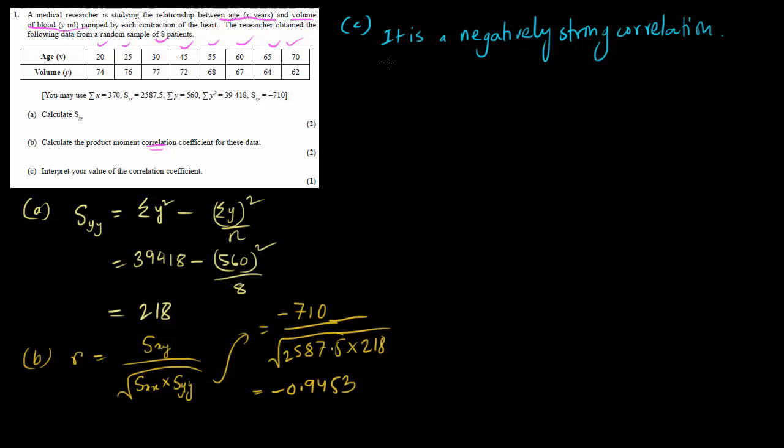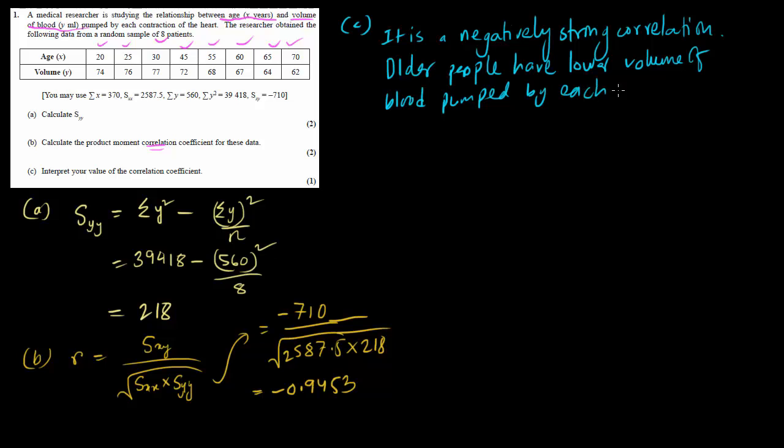So older people have a lower volume of blood pumped by each contraction of the heart. So that's what it is.